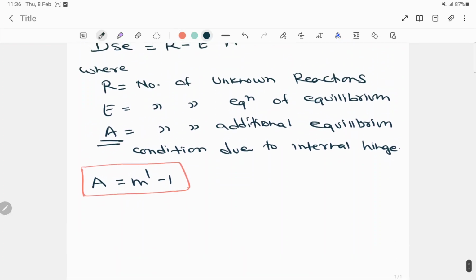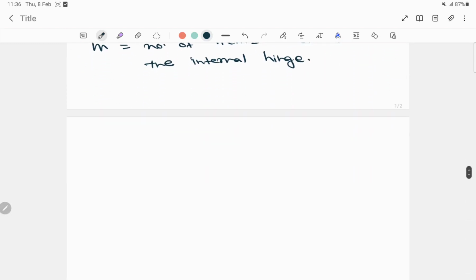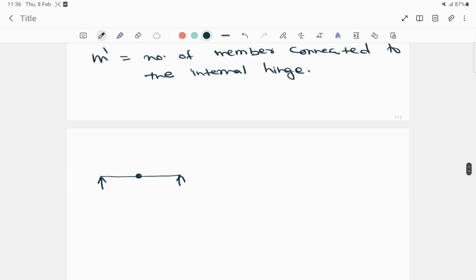Now m dash is equal to number of members connected to the internal hinge. Okay, so I'll show you an example for this. Now suppose this is a beam, and here one internal hinge is present. So how to find a?